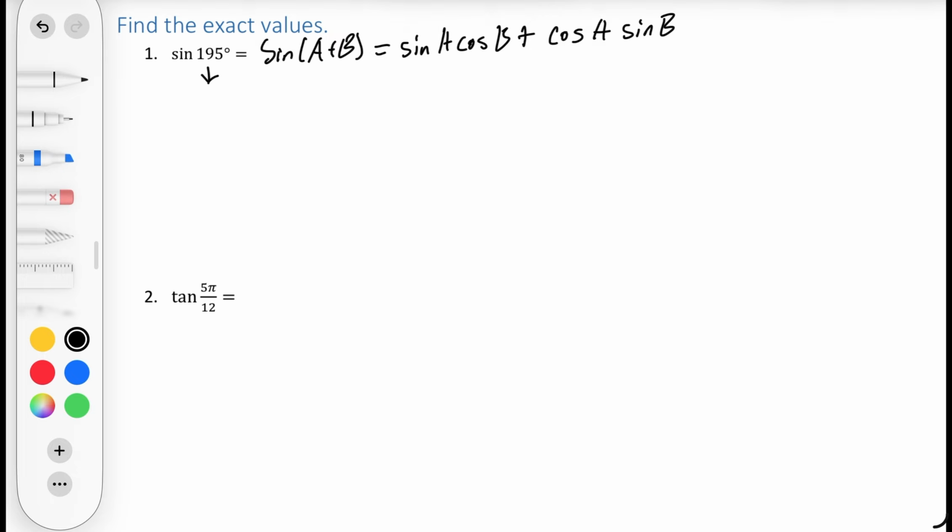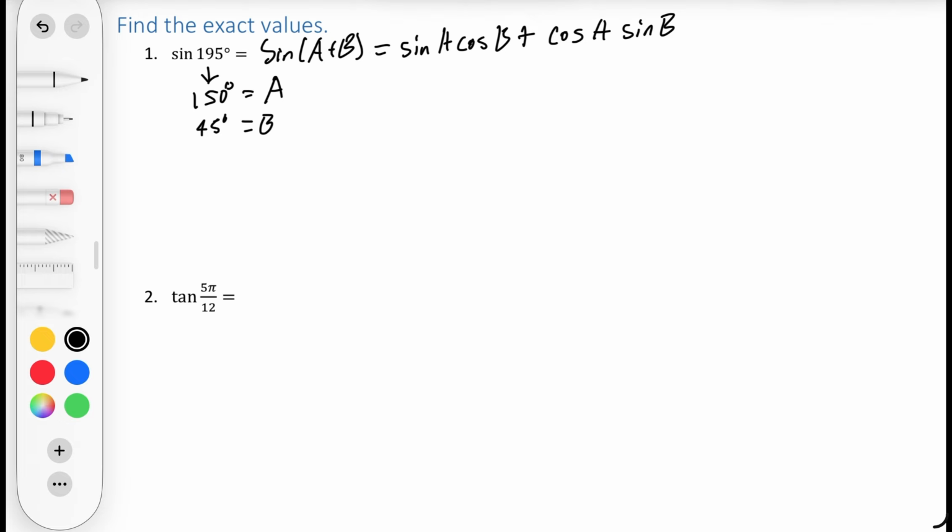We could revert 195 into 2 degrees that we know on the unit circle, which can be 150 and 45 degrees. So our A would be 150 and our B would be 45.